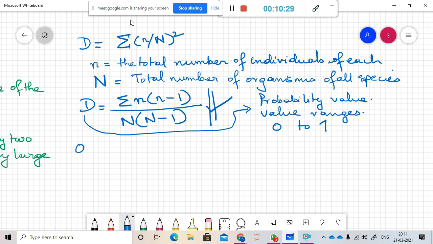So 0 represents infinite diversity. That means whenever you are picking, you will never find two individuals of the same species.